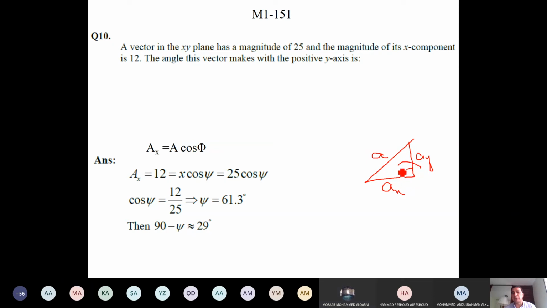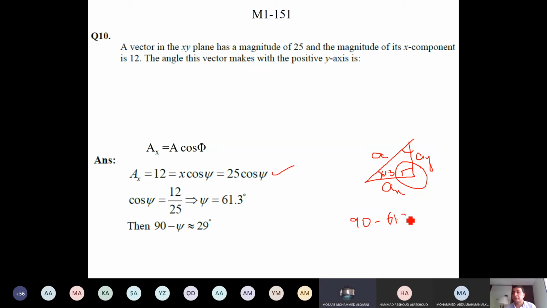So you have 180, and you subtract 90, because it is a right angle triangle, so this is one you determine. When you determine this, the angle that it makes with the X component is 61, like this, and they are asking what angle this vector is making with respect to Y. So obviously the choice left for you is 90 minus 61.3.